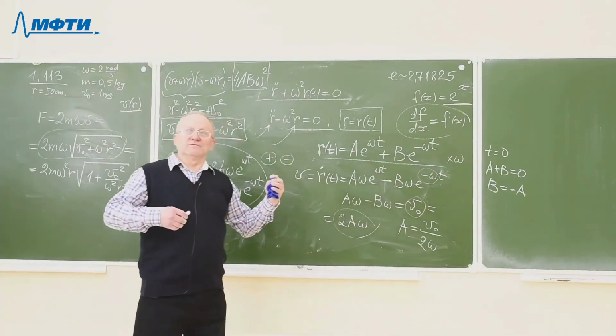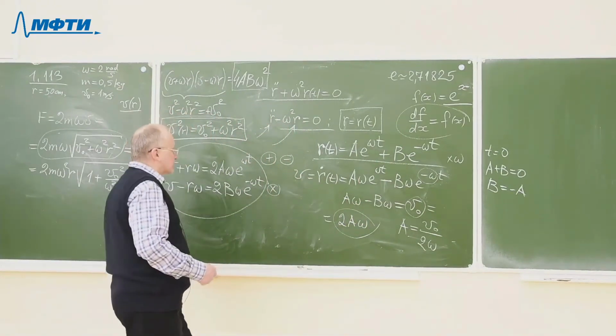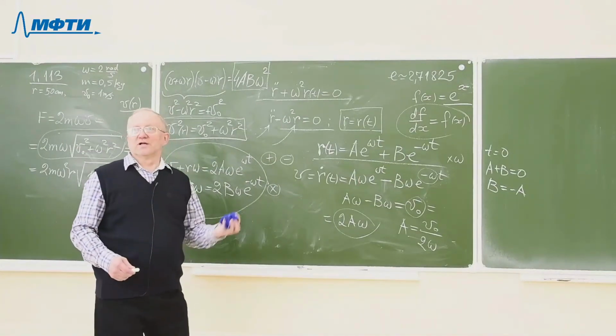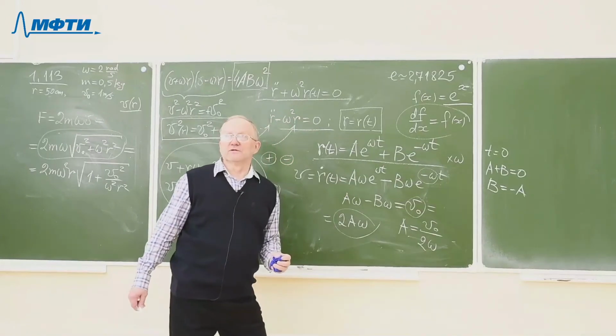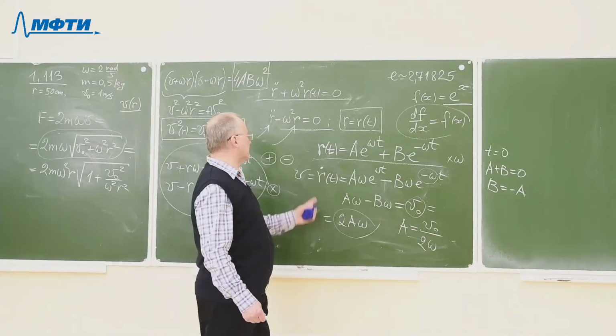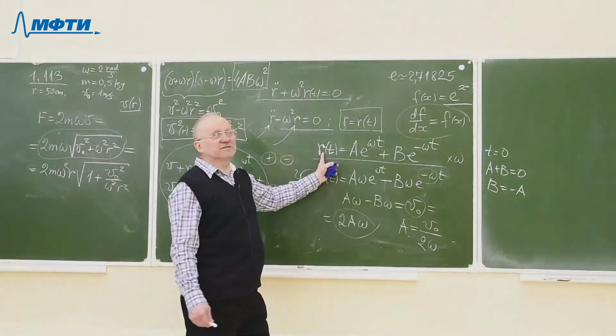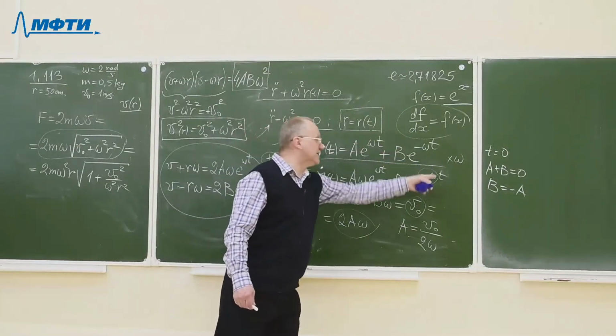The reason behind all my algebraic transformations was very simple. We have to exclude time from these two equations, because we don't need time. We need velocity as a function of distance. So we have to exclude t.